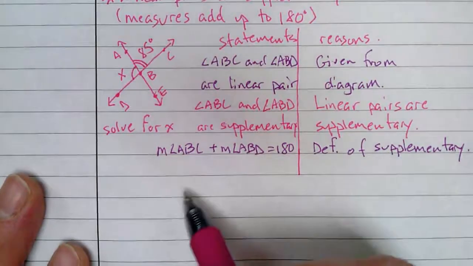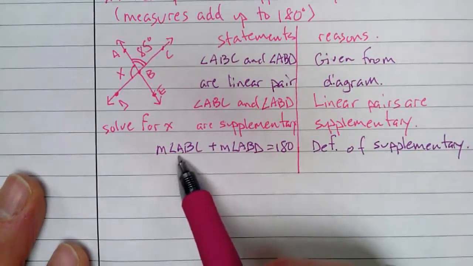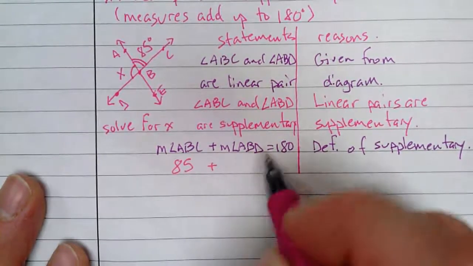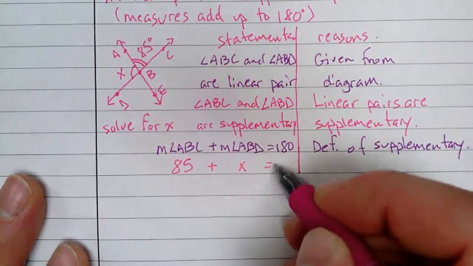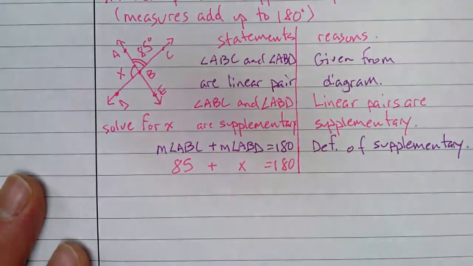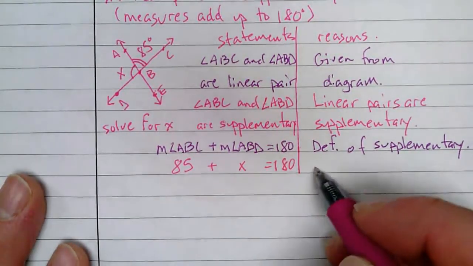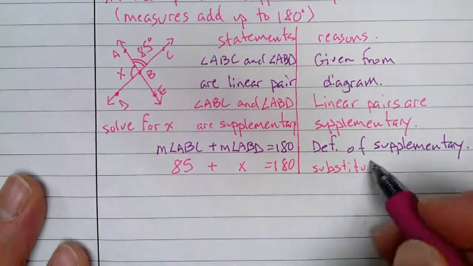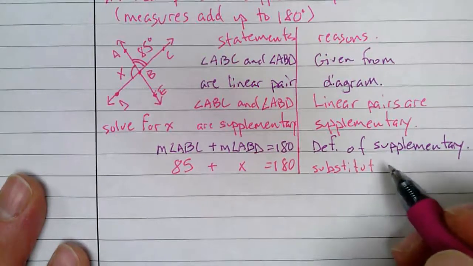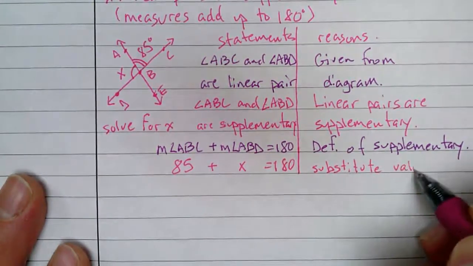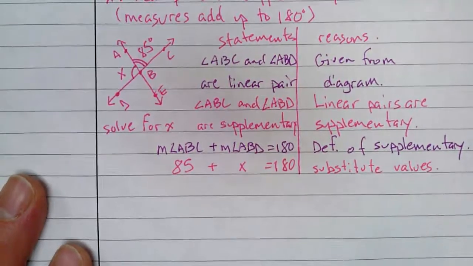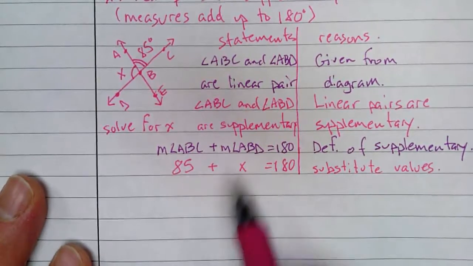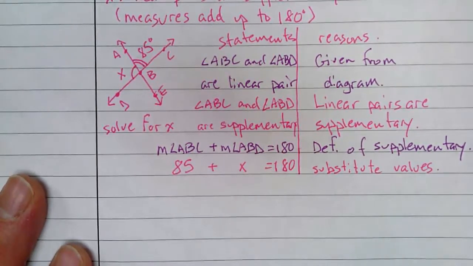And then we're just going to substitute. We know that ABC is 85 degrees, and we know that ABD is X. So that's just substitution: substitute values. We substituted numbers, or in this case an unknown, for what we had. Measure of ABC was 85, measure of ABD is just x.